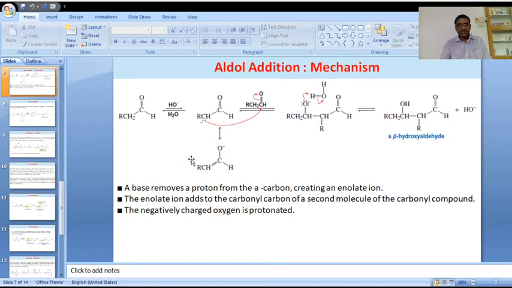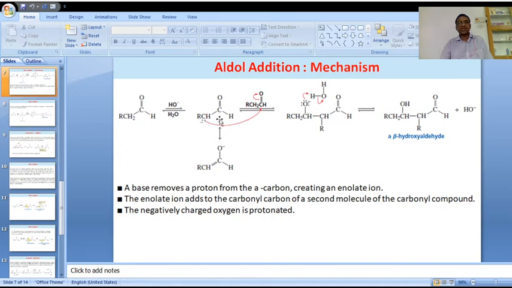This is its resonance structure, the enolate ion structure. This enolate ion intermediate adds to the carbonyl carbon of a second molecule of the carbonyl compound. Is it clear?